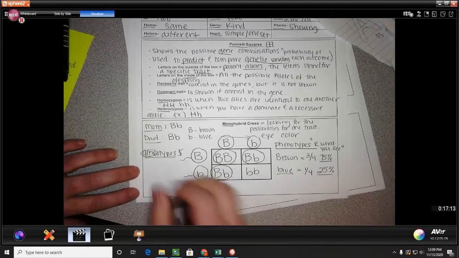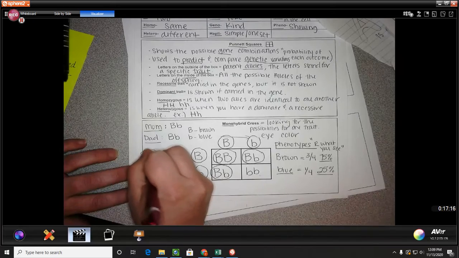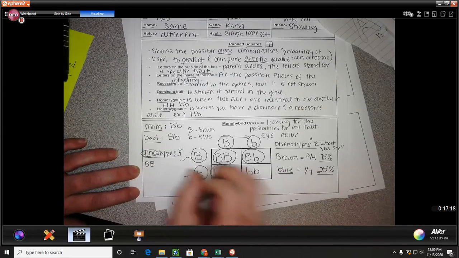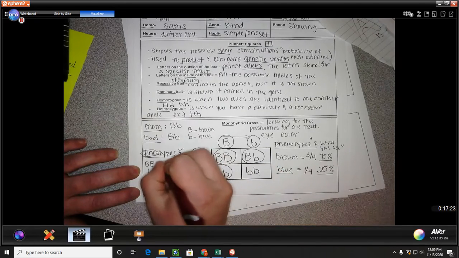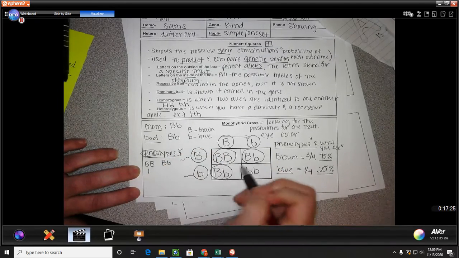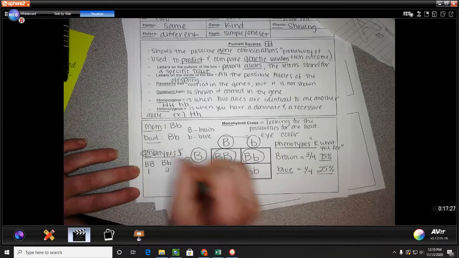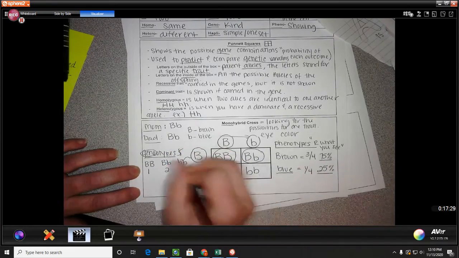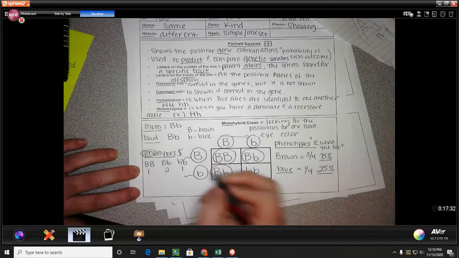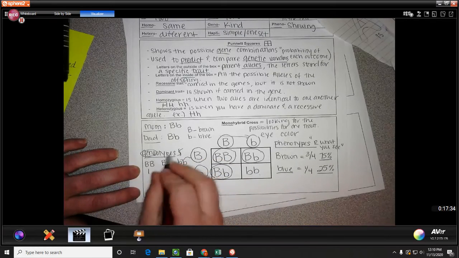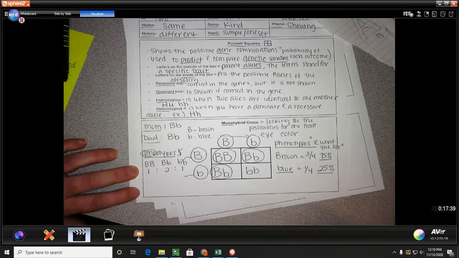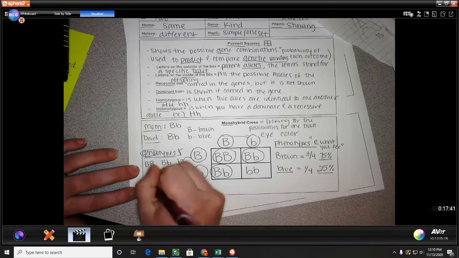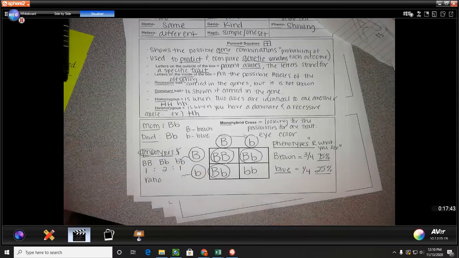So the first letter choice is big B, big B. How many of them do I have? I have 1. The second choice is big B, little b, and I have 2 of those. And my third choice is little b, little b, and I only have 1 of those. So this is a genotype 1, 2, 1, and this is a ratio. So a 1 to 2 to 1 ratio.